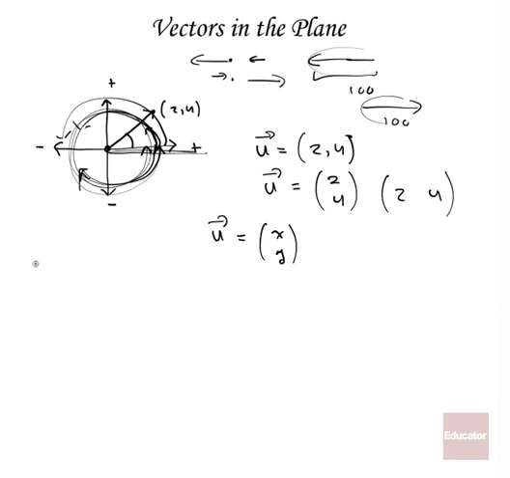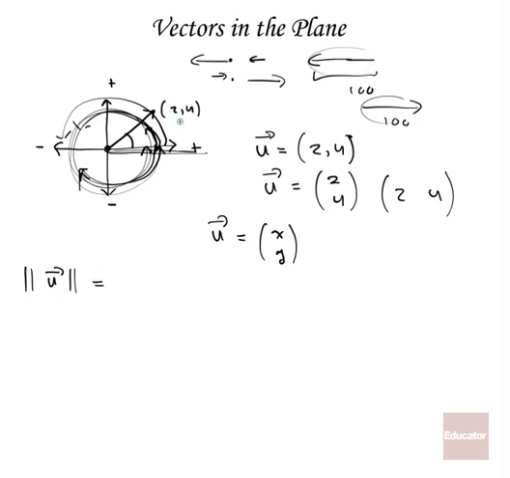So we define the magnitude. The symbol for the magnitude: u is our vector, we have the symbol for the vector, and we put 2 double lines around it. That's the magnitude, and that's just the length.